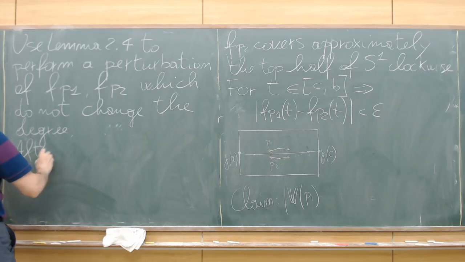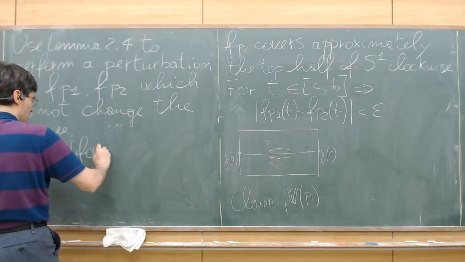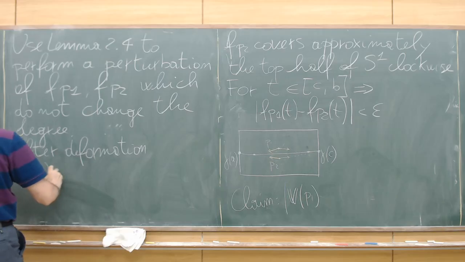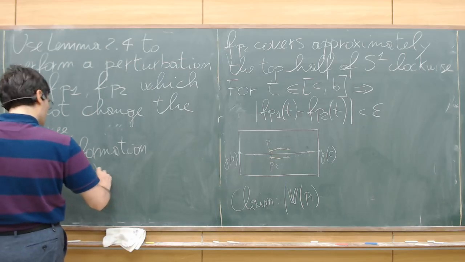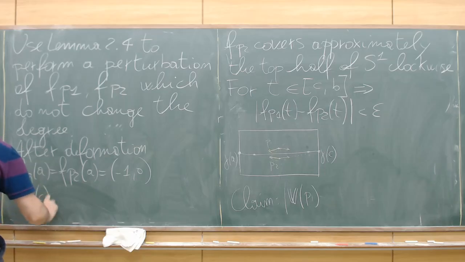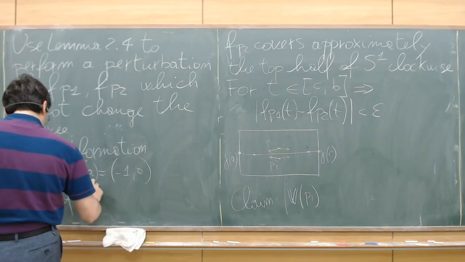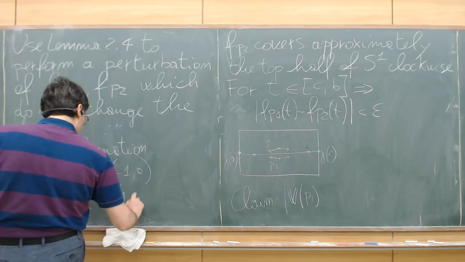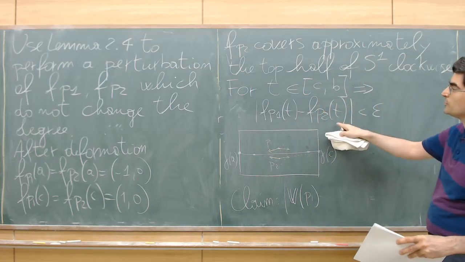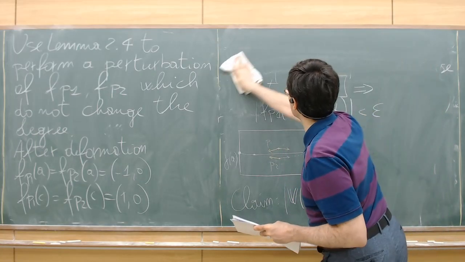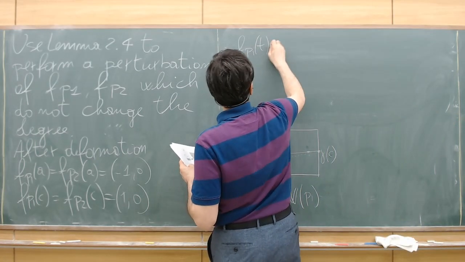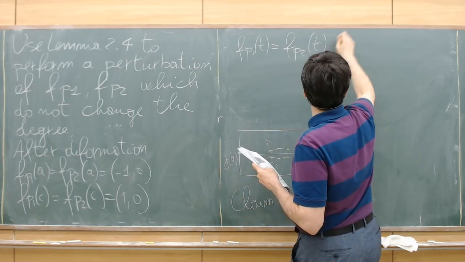After deformation, we have fp1(a) equal fp2(a) equal (-1, 0), fp1(c) equal fp2(c) equal (1, 0), and because of this fact, with a small deformation we can get fp1(t) equal fp2(t) for t in CB.